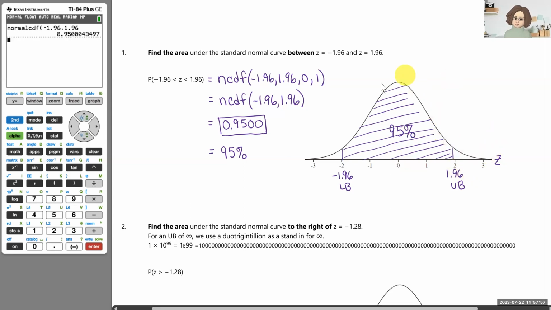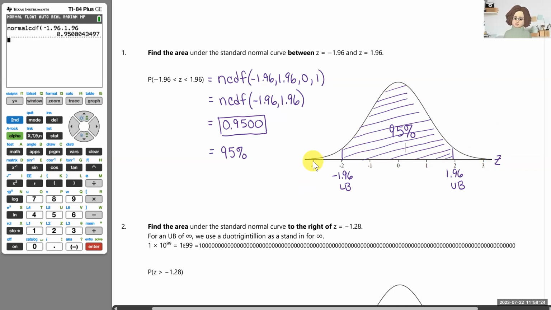So the area under the entire graph would be 100%. So it's not 100%, but it's getting up there, 95%. So there is still some area unshaded in these, what we call the tails. But just informally, we often say that values in the middle 95% are somewhat typical. It becomes unusual to get values further away.